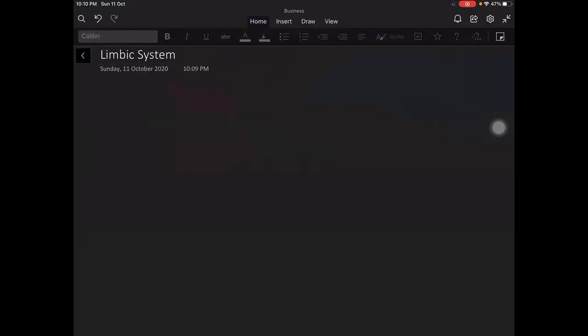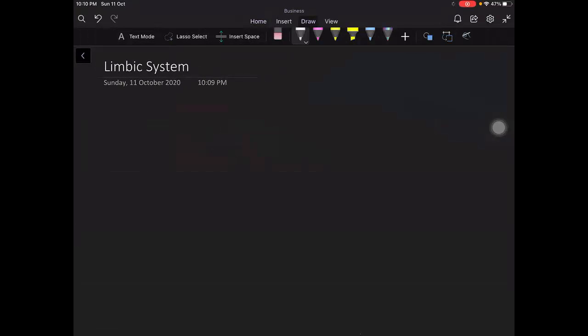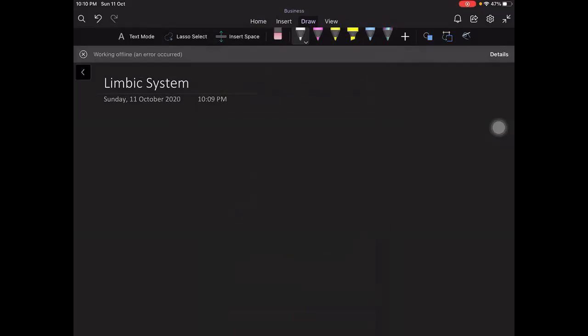Tell me the basic components of the limbic system. Anyone? So essentially, the limbic lobe, certain nuclei and the connections.